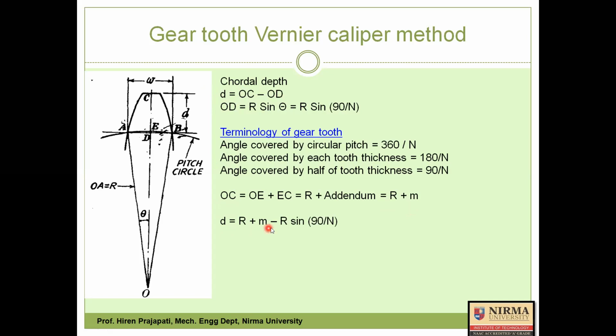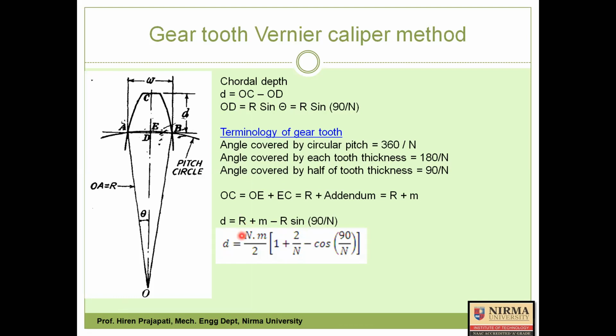So d equals R plus m minus R cos 90 by n. Now, if you simplify this, then you get finally this equation. What we have done here is written this R in terms of module and number of teeth. This pitch circle radius is written in terms of module and number of teeth. If you just consider the module, then module is equal to diameter of pitch circle divided by number of teeth.